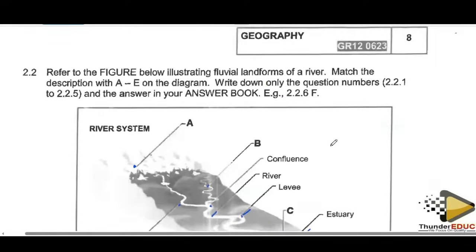The instructions say refer to the figure below illustrating fluvial landforms. So what are fluvial landforms in this case? Fluvial landforms refer to features developed due to river activities.